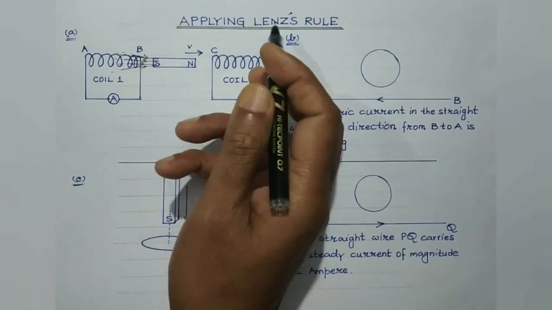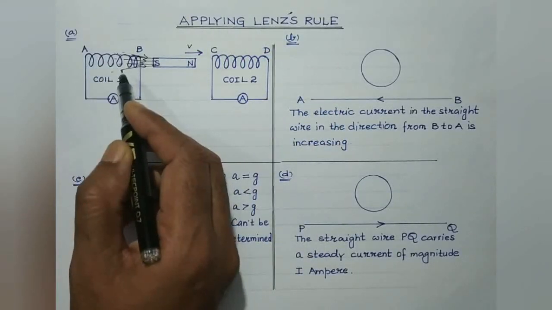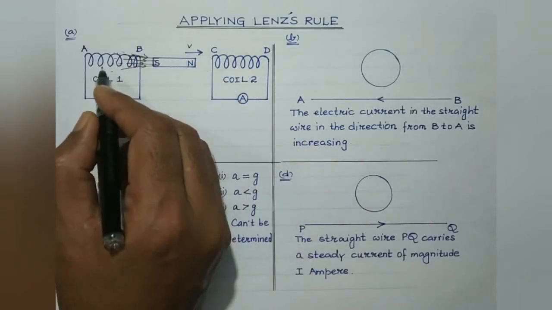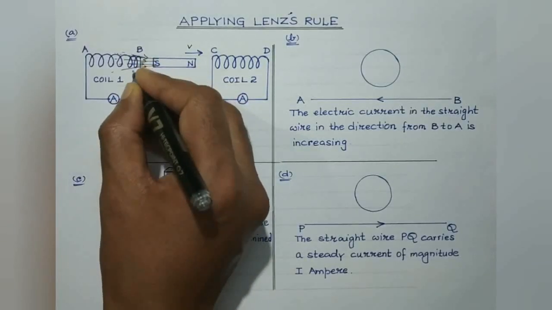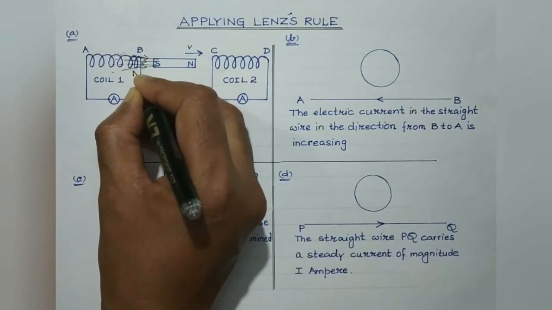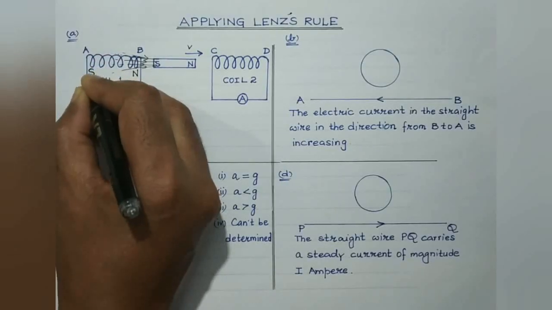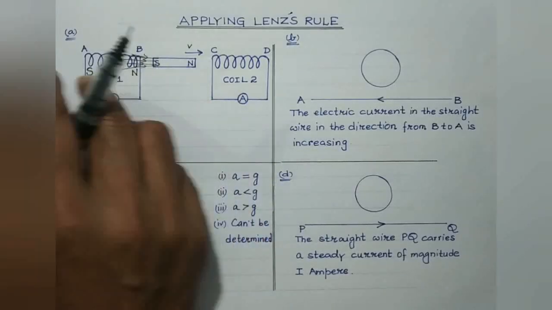Now as per Lenz's law, the direction of the induced current in coil 1 would be such that it opposes the receding magnet. And it can oppose the receding magnet only when this end of the solenoid acquires north polarity, while the other end of the solenoid acquires south polarity. Isn't it, students? So that it will attract the receding magnet.